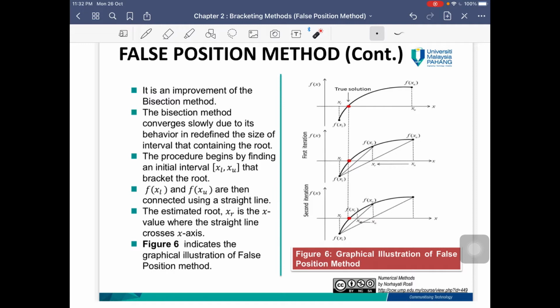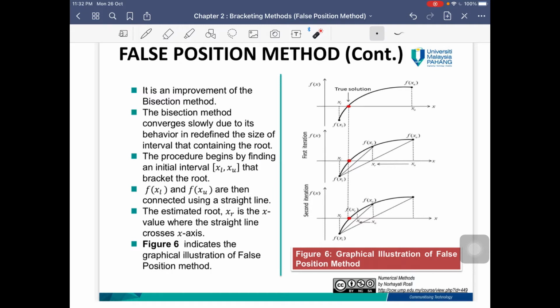So we can say that the convergence process is quite slow. So alternatively, we can improve the convergence of the root estimation for bracketing methods by using the false position method.